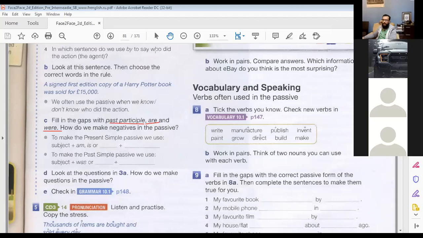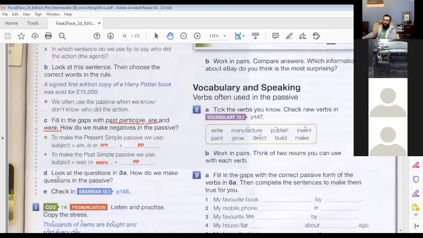What do you want to use in the present simple? Are. So you can use the subject, is, or are plus past participle. That's right. And in the second one, what do we use? Was or were. That's it. Plus past participle. That's it.